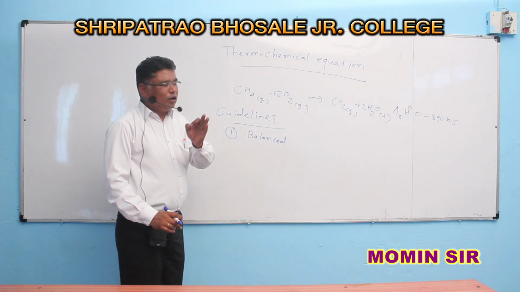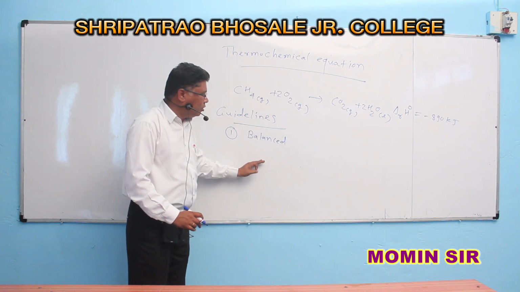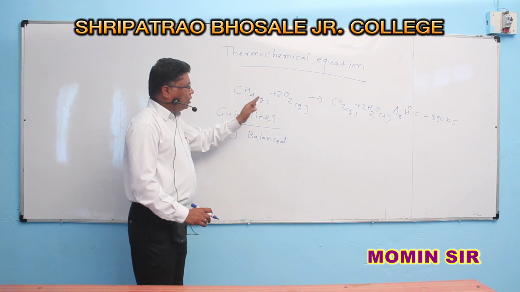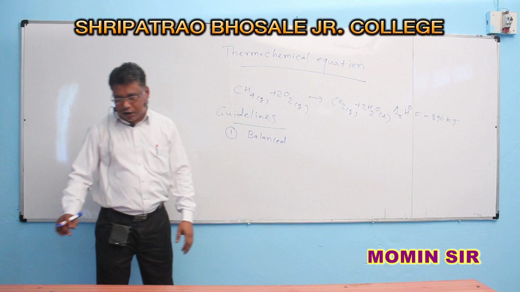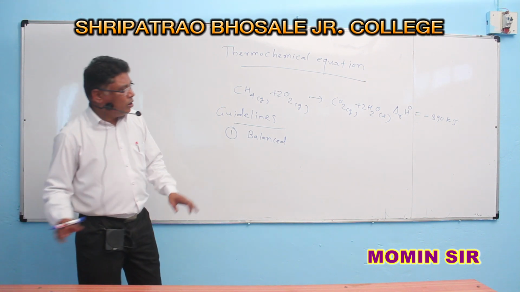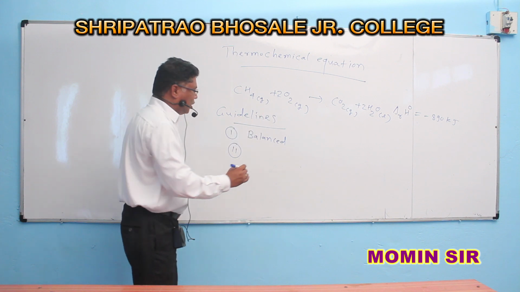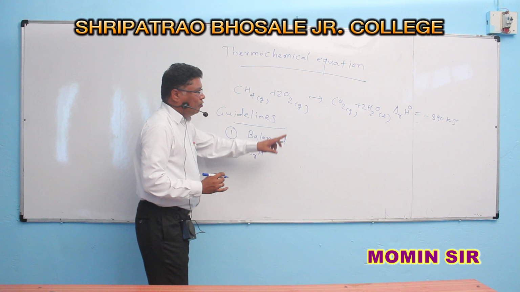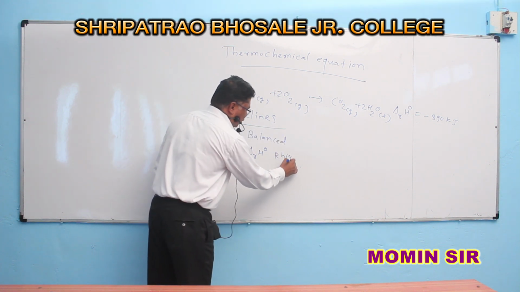So the first guideline is that all the elements in the reactant and product should be balanced. Second important point, the value of enthalpy change, that is the standard enthalpy change for the reaction, should be written to the right hand side of the equation.